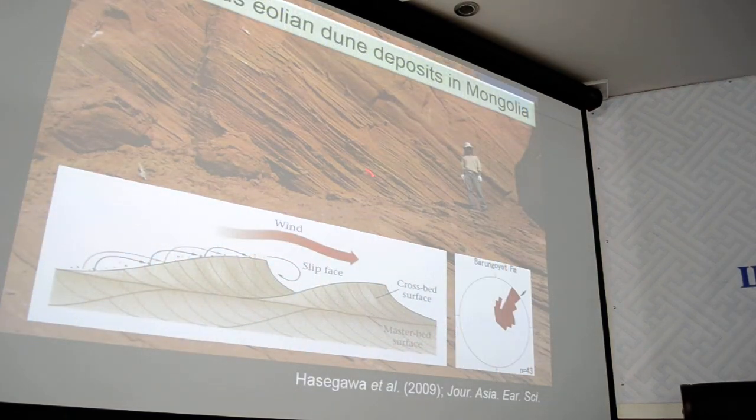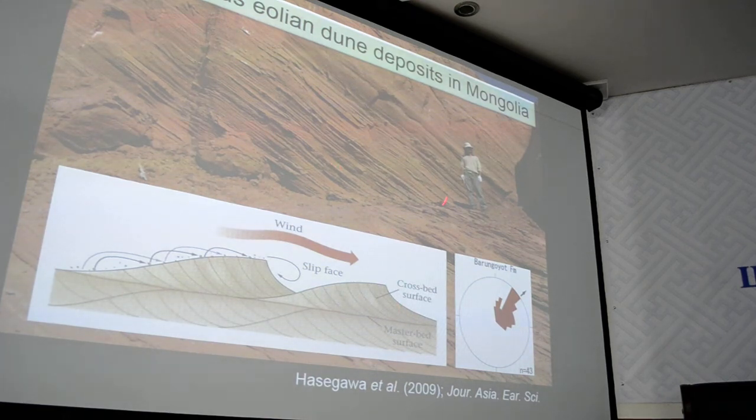And I will show you some outcrop photos. This is actually the Ukhaa Tolgod locality, and you can see very beautiful bedding. This is called a large-scale cross-bedding structure, because the strata are horizontal, but some of the structures are dipping like this. This is actually formed by Aeolian dunes migrating in this part.